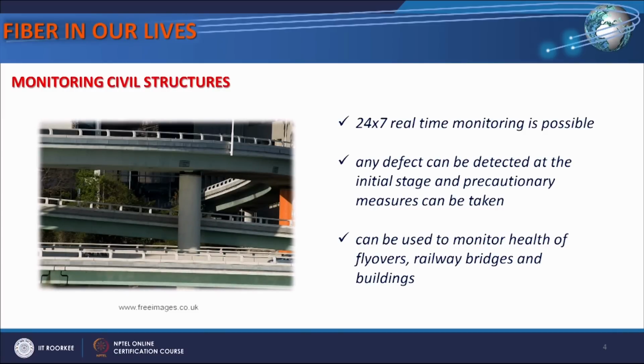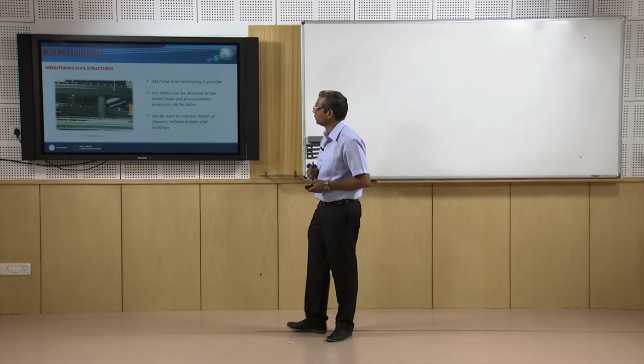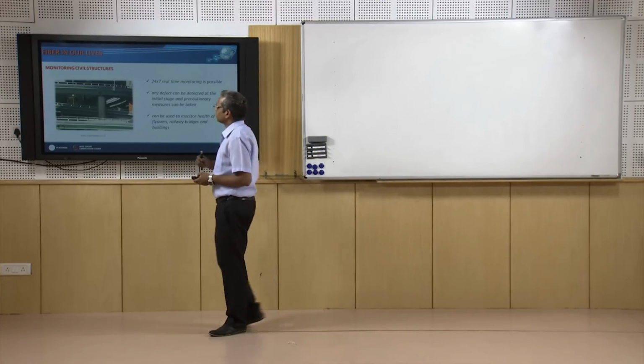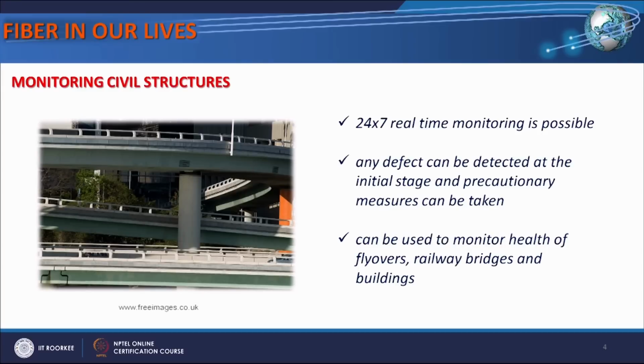Fiber can be seen installed in flyovers to sense any strain or stress developing in the structure. So you can use fiber sensors to monitor the health of civil engineering structures. You can do 24/7 real time monitoring.